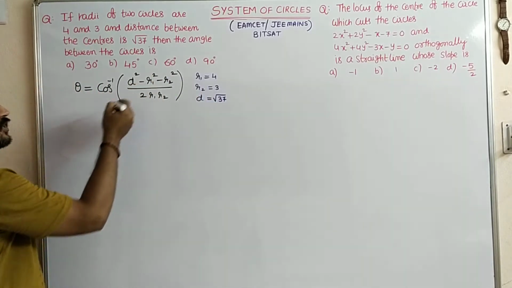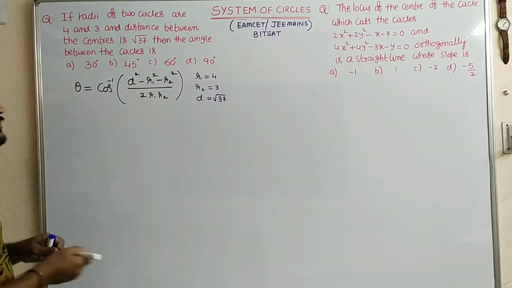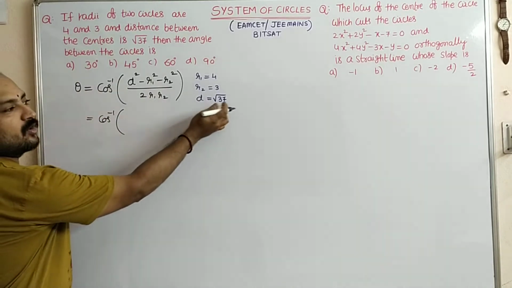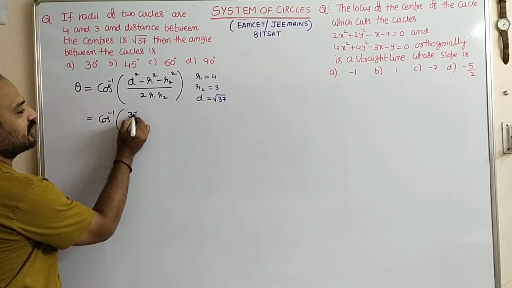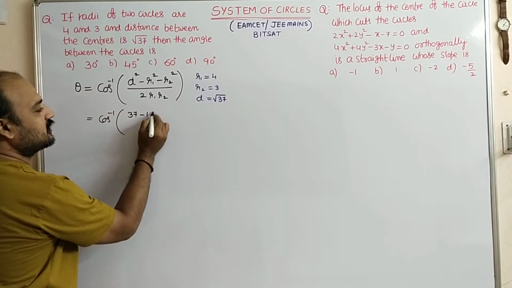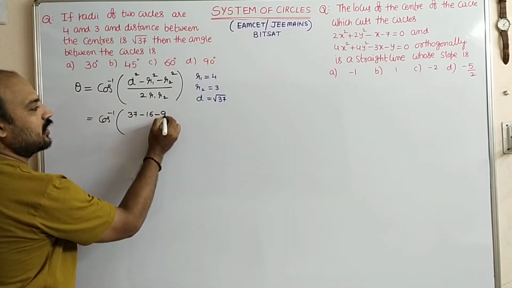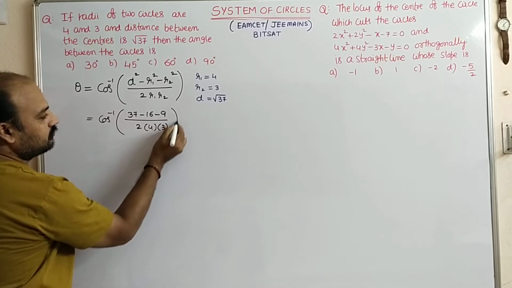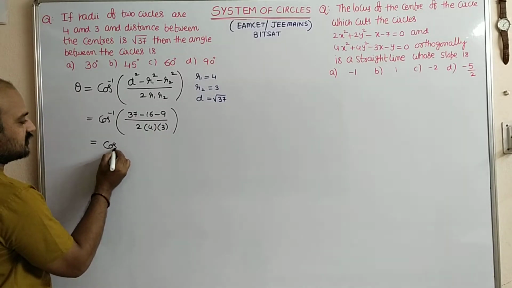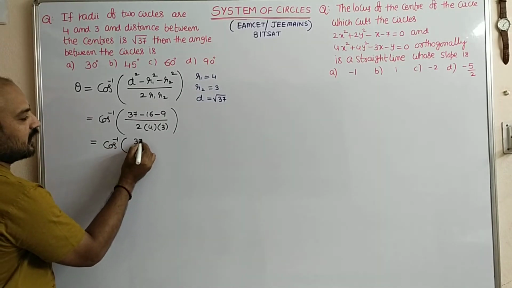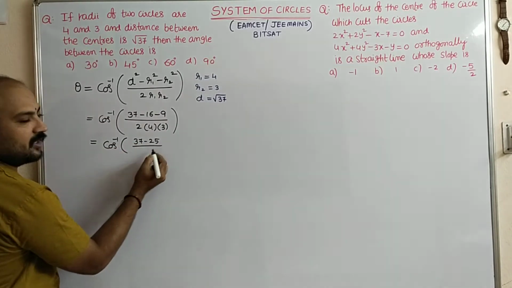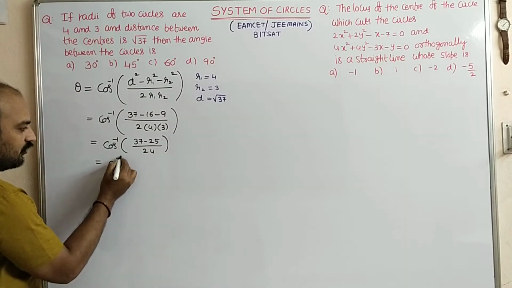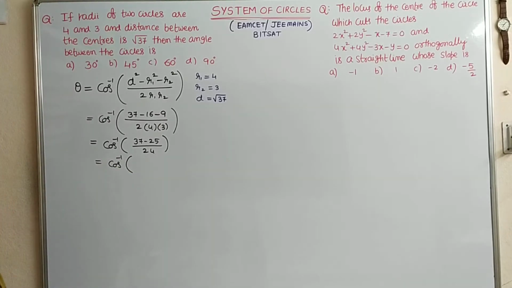So substitute these respective values in this formula and get the answer, which is equal to cos inverse of d square, d equal to root 37, so d square means 37, minus r1 square, 4 square, 16, minus r2 square, 3 square, 9, divided by 2 into 4 into 3, which is equal to cos inverse of 37 minus 25 divided by 24.